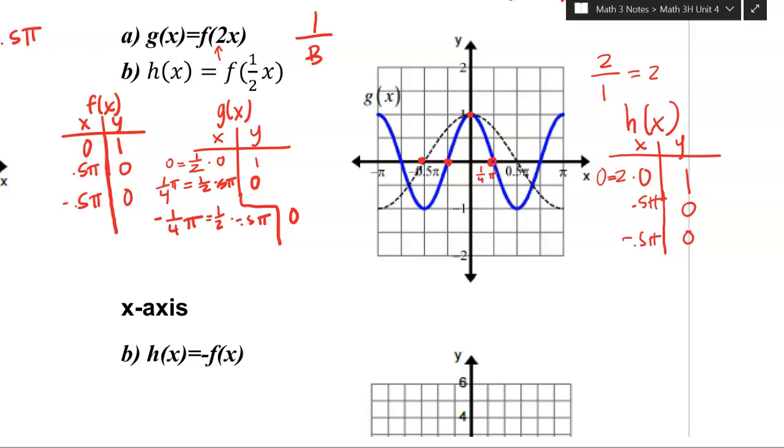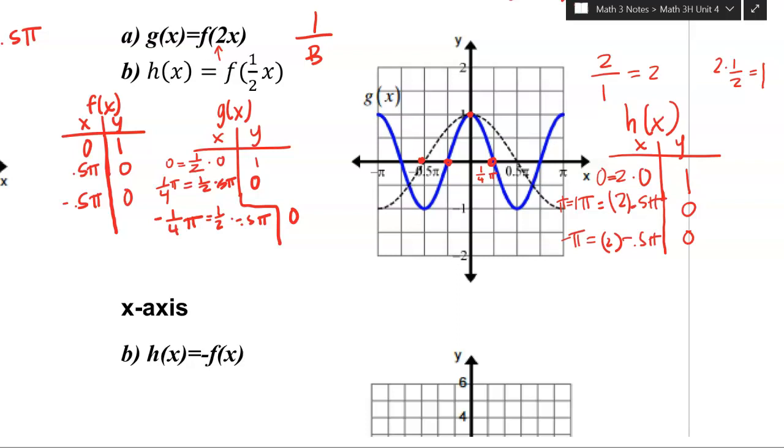So we multiply those by 2. And 2 times 0.5, or 2 times 1/2, is going to be 1. So these are going to be 1 pi, or just pi, and negative pi, because they're the same number.